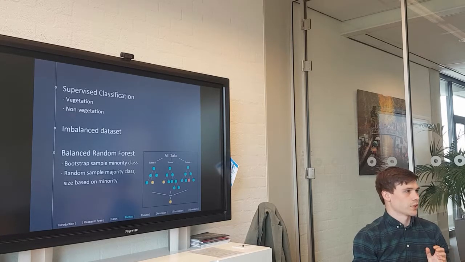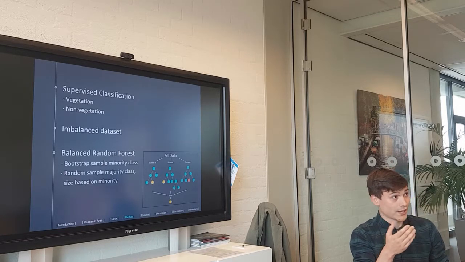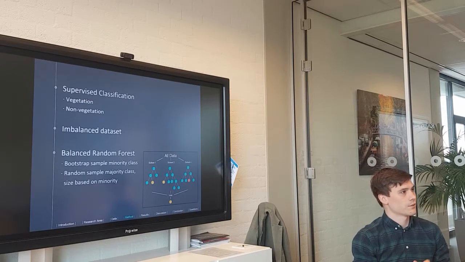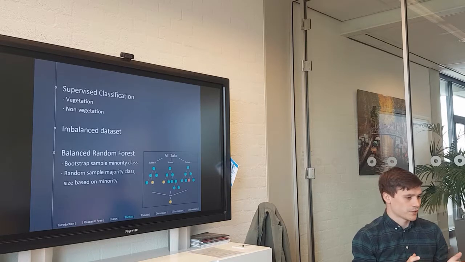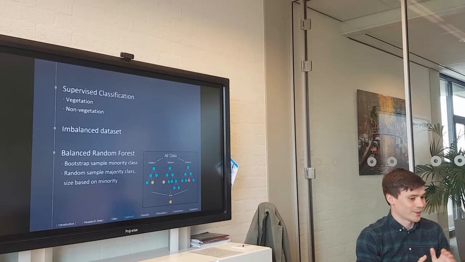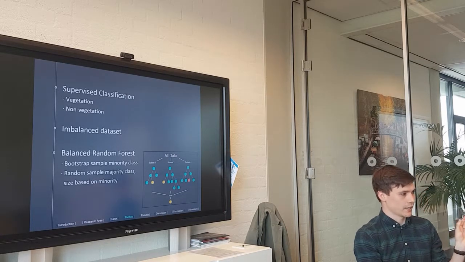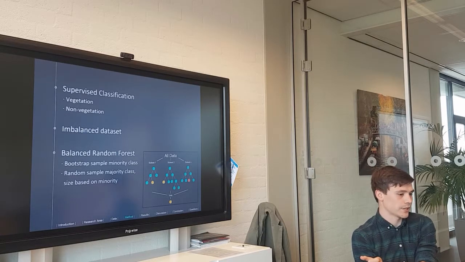You can, for example, upsample the minority class or downsample the majority class. But with the random forest, what I used, you can do something a bit smarter, I would say. I thought it was smarter. That is because you're already taking subsamples every time you create a decision tree in a random forest.